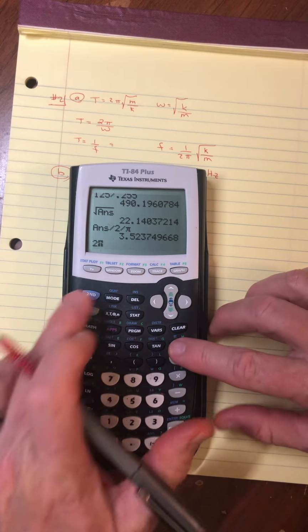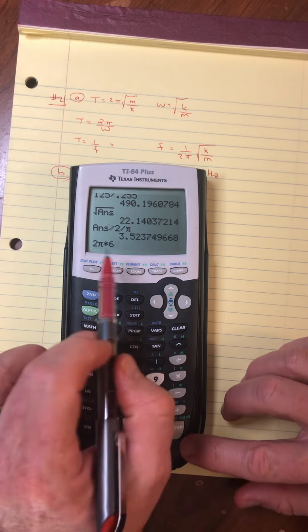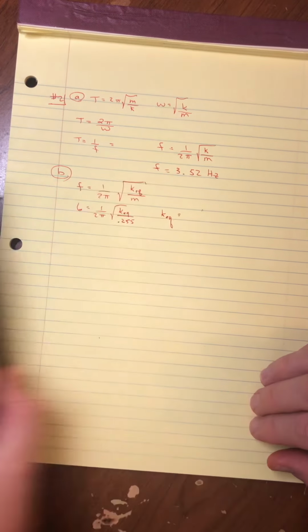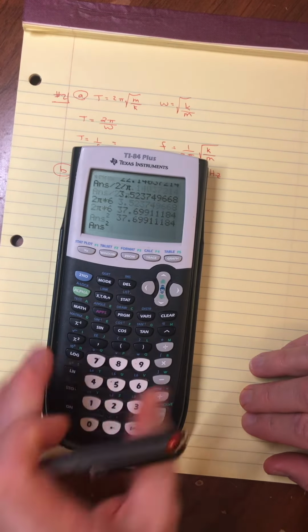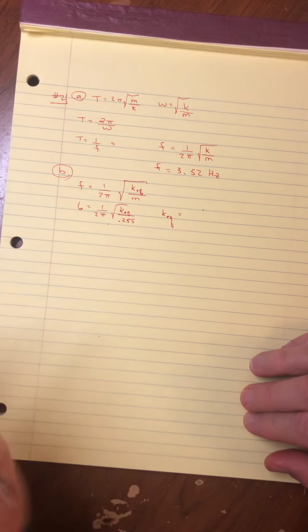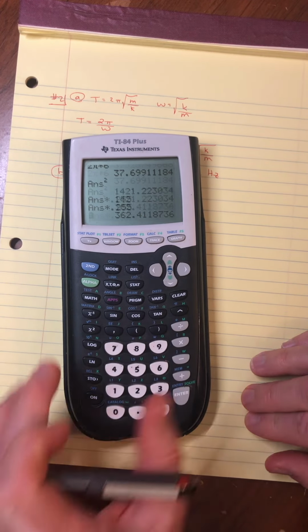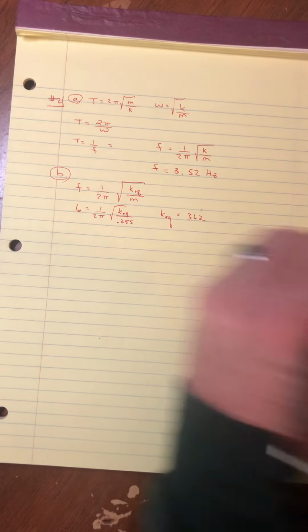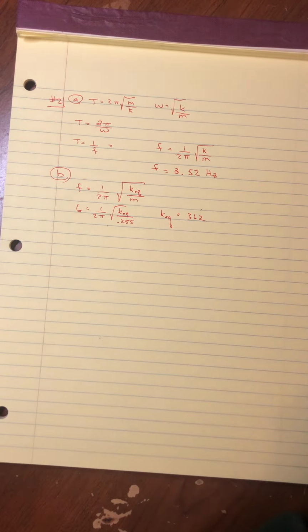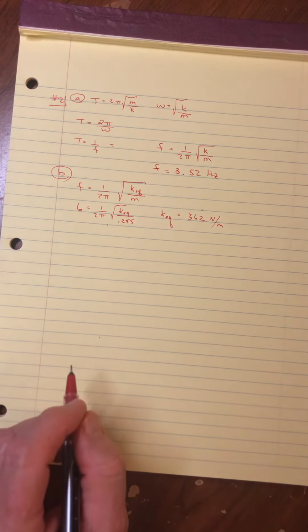So if I bring the 2 pi to the other side, I got 6 times 2 pi, that's what you get when you move that over. If we square it to get rid of the square root, then we bring the mass, we get an equivalent spring constant of 362.